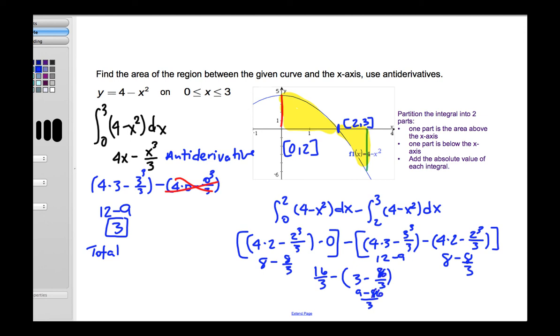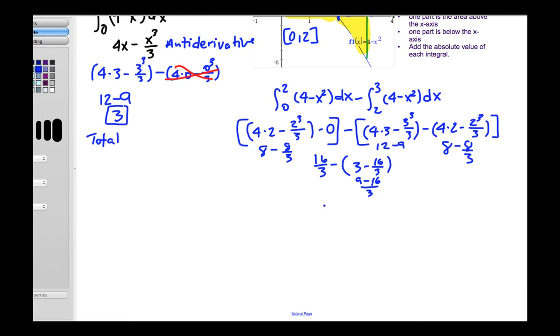Let's clean that up a little bit. Which in this case then is going to be -7. So what I have is 16/3 minus -7/3. And that'll give us 23/3.